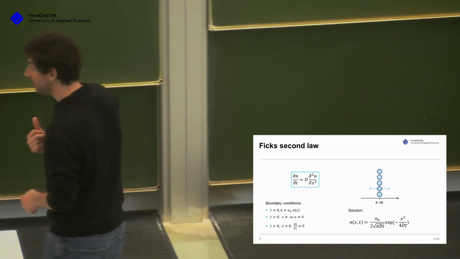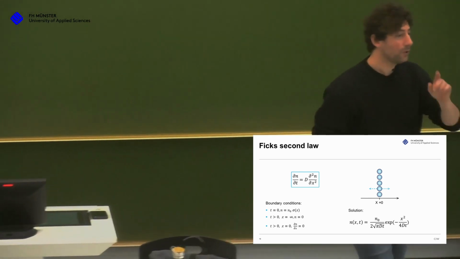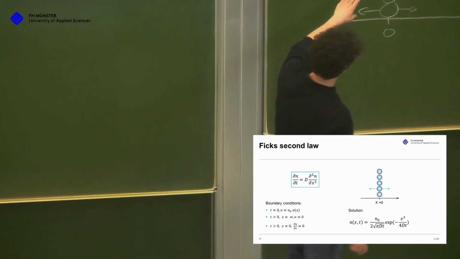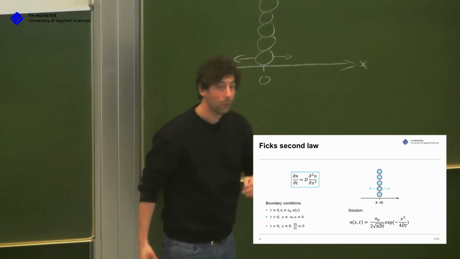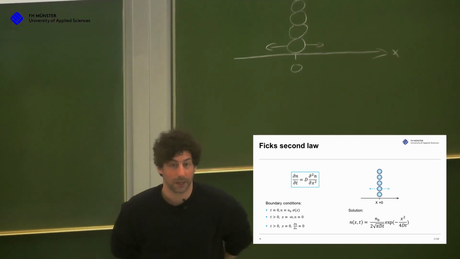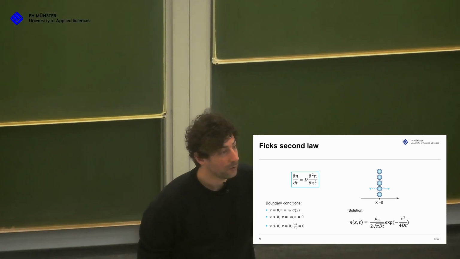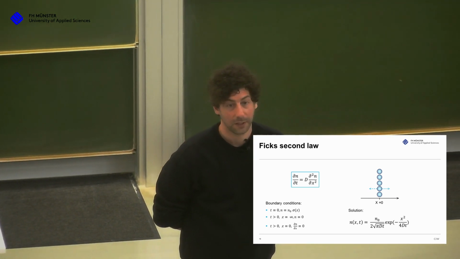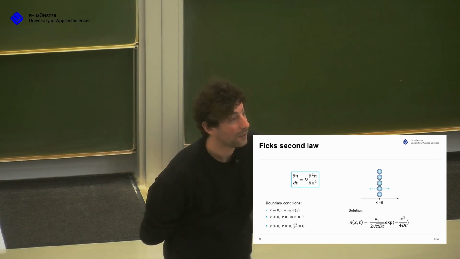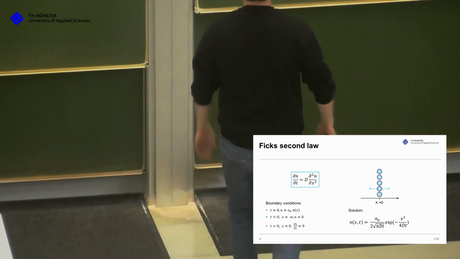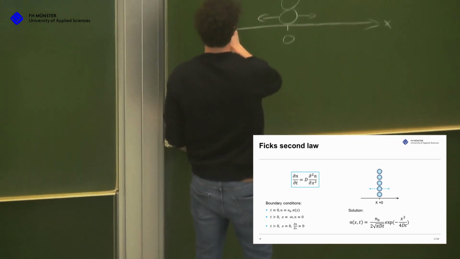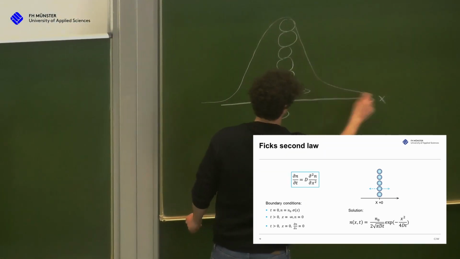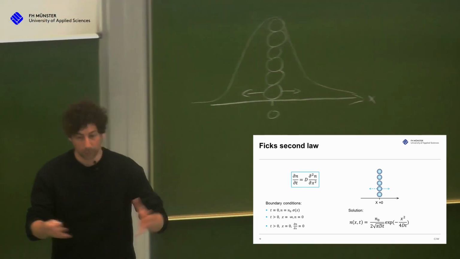If I have symmetry condition, what do you think if I would make not 6, I would make 1,000,000? How would the distribution look like? You have now, with the boundary conditions, I ask you to make the graph which describes the movement. How would the graph look like? Yeah. So it would look like a Gaussian curve, right? So this is what we expect.